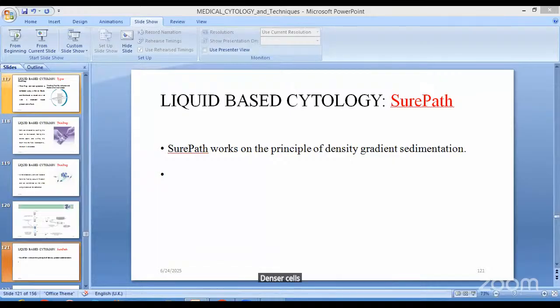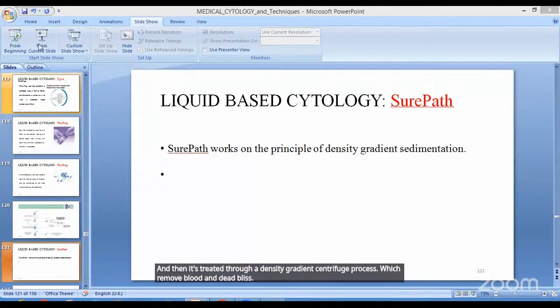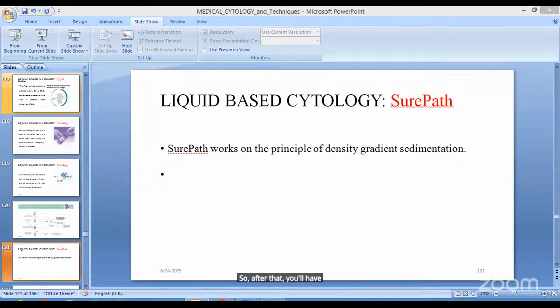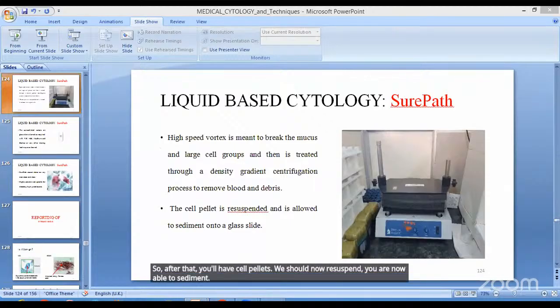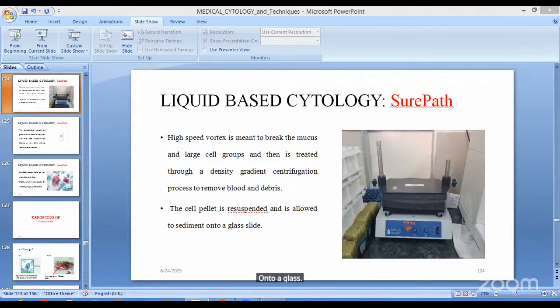The high-speed vortex is meant to break the mucus and large cell groups, and then it is treated through a density gradient centrifuge process, which removes blood and debris. After that, you have cell pellets, which you now resuspend. You allow it to sediment onto a glass slide as a spot.